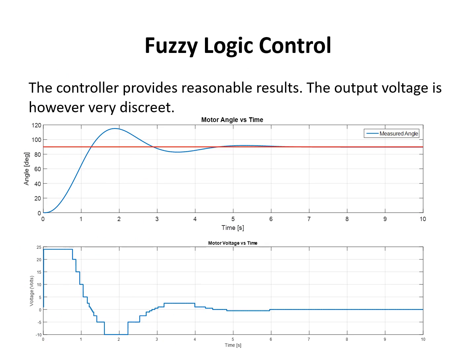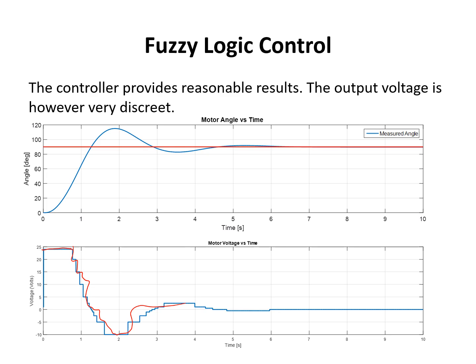If we implement this on our desired output, we will see an output response over here. If the error is quite large, we go to the maximum, which is 24 volts, and as the error goes down, we start stepping it down, and then we get a reasonable output of our system. It does overshoot a bit, and we can see that the error does go at some point to negative and then back to positive, so we do have some oscillatory nature in our output.